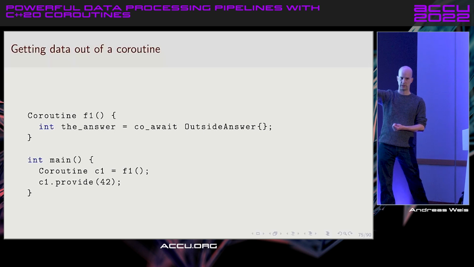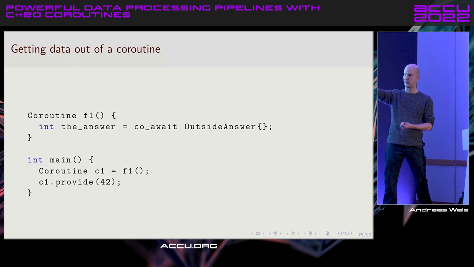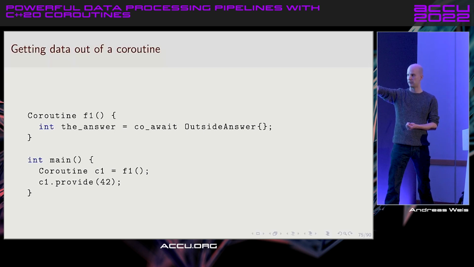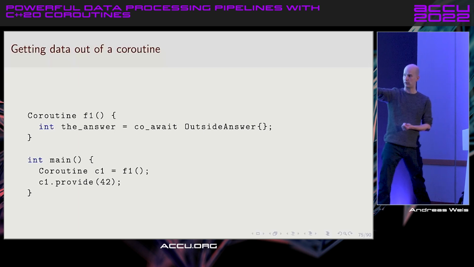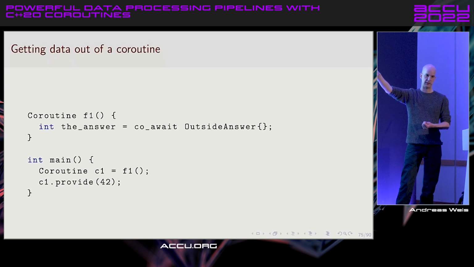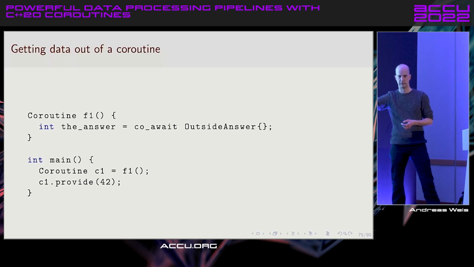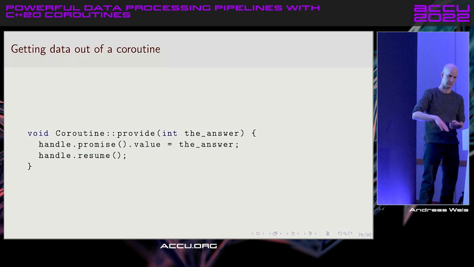Main now gets the execution, so it gets the return value C1. Main continues execution, it calls C1 provide. At this moment, the coroutine resumes, co-await returns, and the 42 that I passed to the provide is returned to the coroutine F1. It now has the value 42 stored in the answer, and it can continue executing, right?